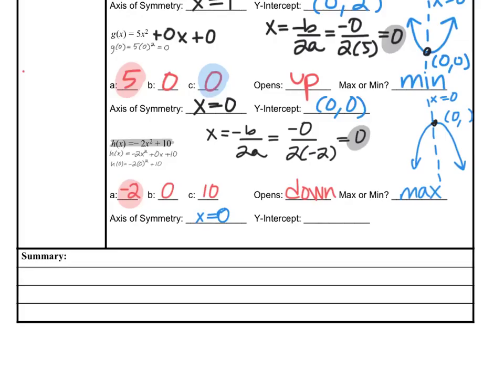Let's write that down here. Our y value for our vertex is 10. Ooh, ran out of room there. Because when we plugged in 0, we got 10. Our y-intercept, last thing, is 10. So our y-intercept is 0, 10. Okay, that's it.